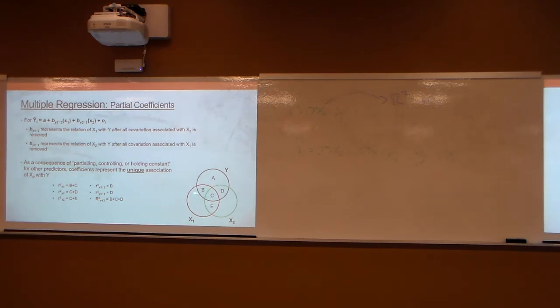Siley, what happened to C? Why does X1 not get credit for C, even though region C is shared with Y? Because it's constant, we're holding it constant. Why are we holding it constant? Why does X1 not get credit for C?